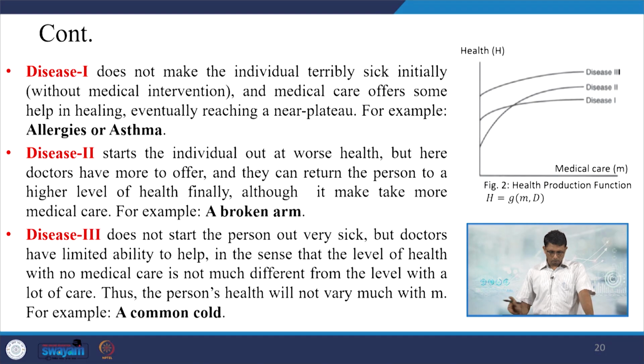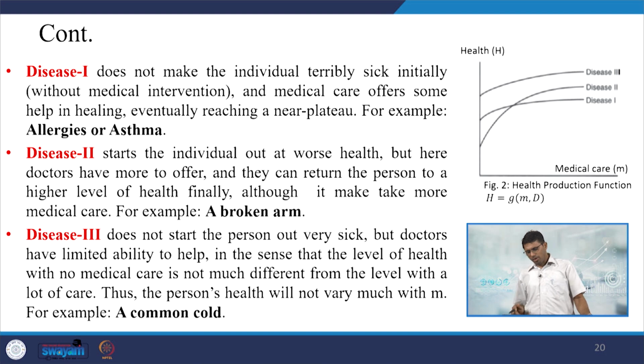It depends upon the carrying disease level, or the starting health state, or the type of products to be sold in the market depending upon the state of disease in an economy or a country. Here we have highlighted disease 1, disease 2 and disease 3. Disease 1 we cite with allergies or asthma, disease 2 is a broken arm, and disease 3 is a simple common cold.